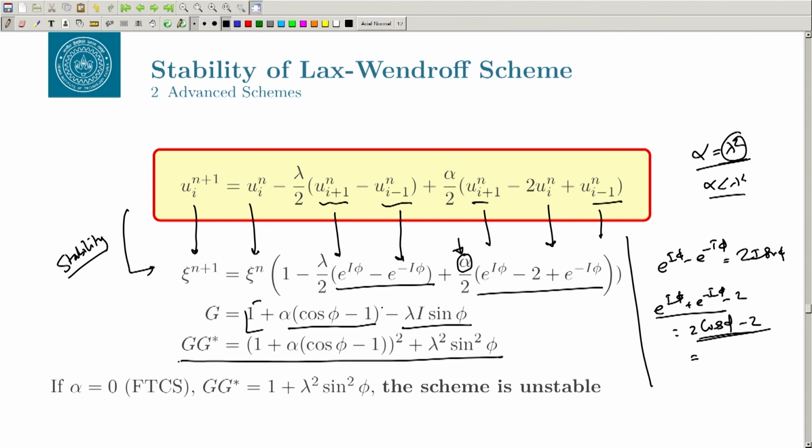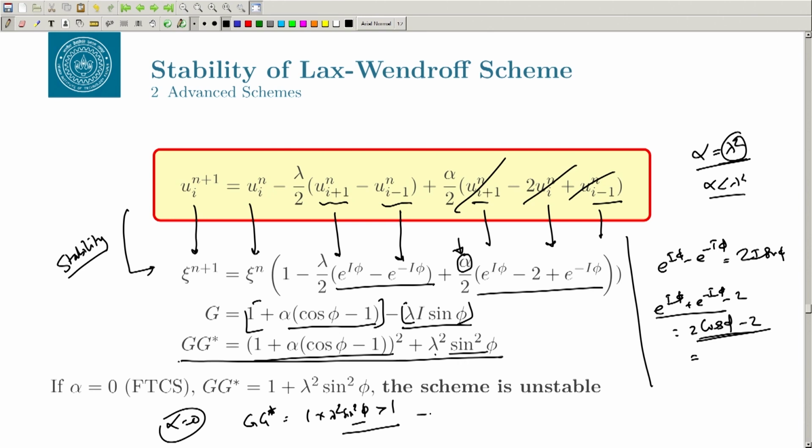So, this is my real part and this is my imaginary part, lambda sin phi. You will have real square plus imaginary square, and if you put alpha equal to 0, that means this entire term goes to 0. So, this scheme is forward in time and central in space, and you recover the amplification factor, which is 1 plus lambda square sin square phi, which is greater than 1, and this is unstable as we know already.